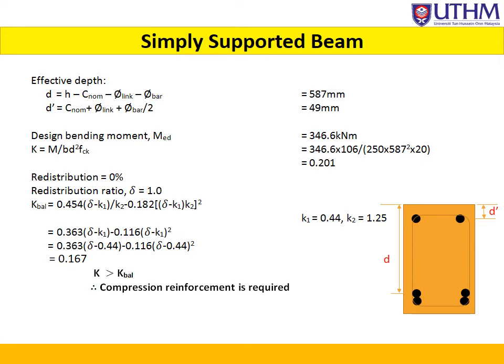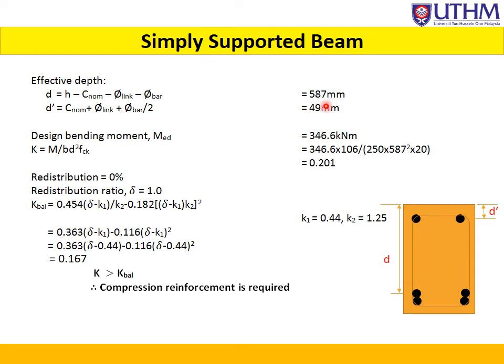Now we calculate our d and d prime. d is the distance from the outer concrete to the middle of the tension reinforcement, and d prime is from the outer concrete to the middle of the compression reinforcement. Since the beam is assumed to be arranged like this, our d is calculated as h minus c nominal minus link diameter minus half of bar 1.